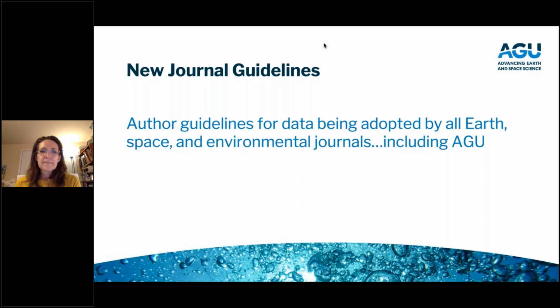We have more than 700 editors and associate editors across our journals, and everyone understood the need for open data, but the way in which you do it varies depending on where you sit. Our editors really stress the importance of communicating with our authors and providing resources for the authors. And because the different types of data that people use vary so differently within our 22 journals, working with the individual editors to understand what the unique needs were was really critical.